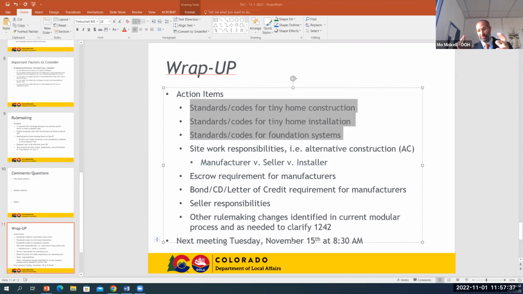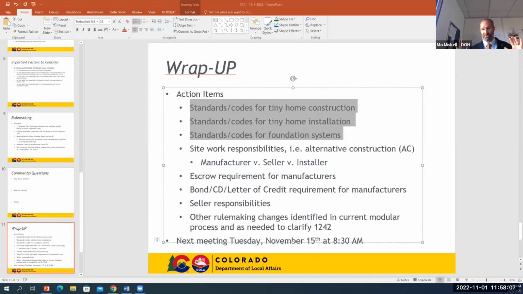And if there are multiple sections, which is more prevalent in modular in particular, but also in manufactured homes, making those connections. That is what the installer by statute is charged with. How tiny homes fit into that is really what I'm trying to tease out here. But most of the issues we talked about are really going to fall under the foundation system part with regard to permanent, temporary, all that fun stuff.